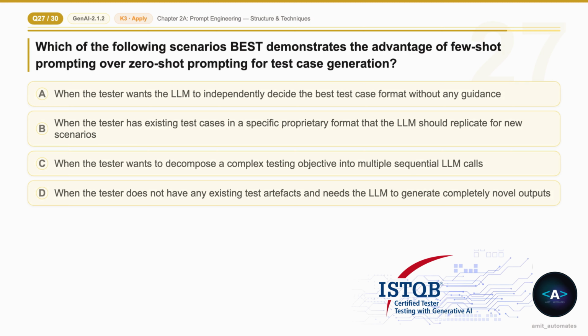B. When the tester has existing test cases in a specific proprietary format that the LLM should replicate for new scenarios. C. When the tester wants to decompose a complex testing objective into multiple sequential LLM calls. D. When the tester does not have any existing test artifacts and needs the LLM to generate completely novel outputs.